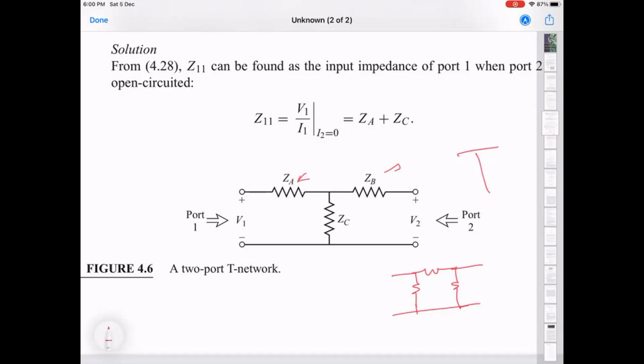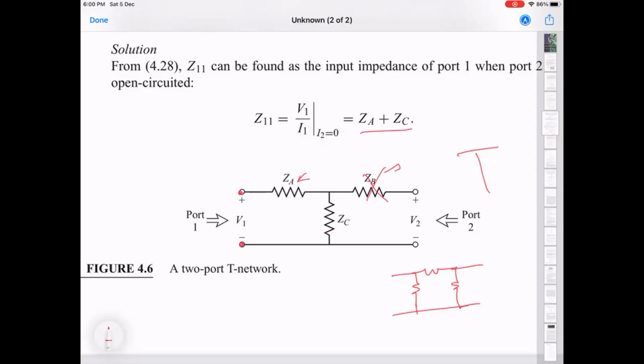In this case, only one other port, so I2 equals 0, which means this port is open. So if you're measuring V1 over I1 here, it's just the impedance across these two points. Since there is no current here, ZB essentially doesn't play a part, and you just have ZA and ZC in series, which is why Z11 is just that.